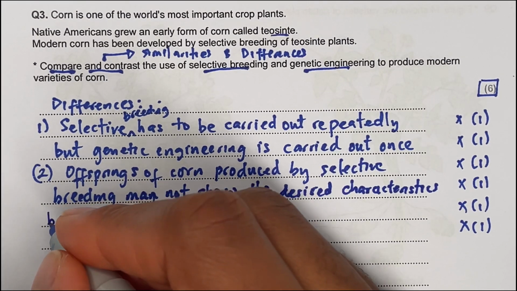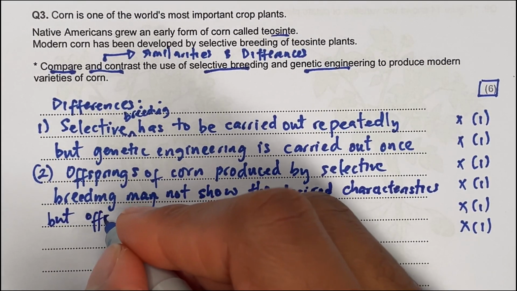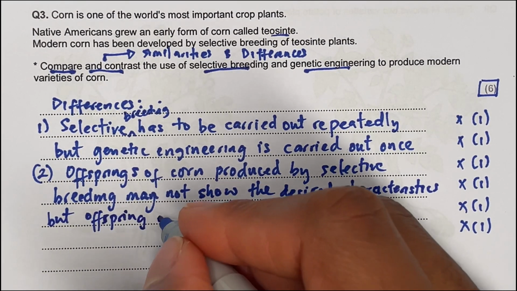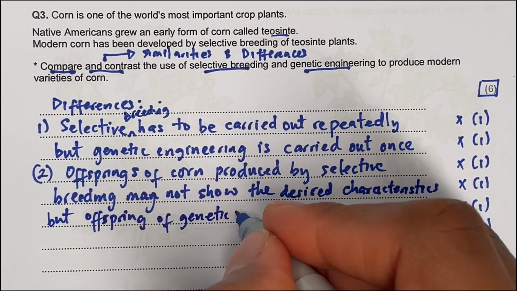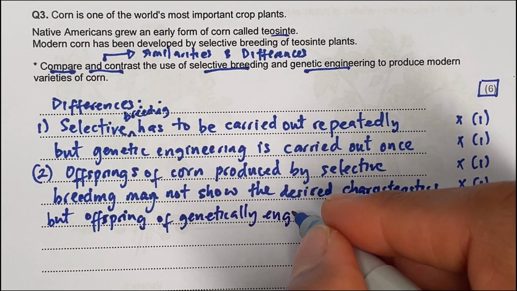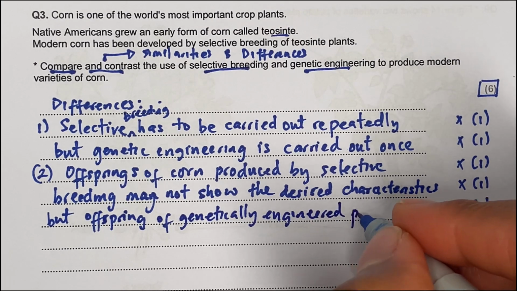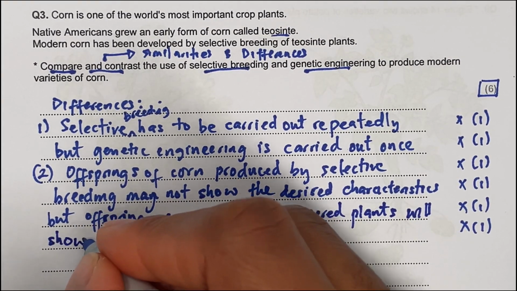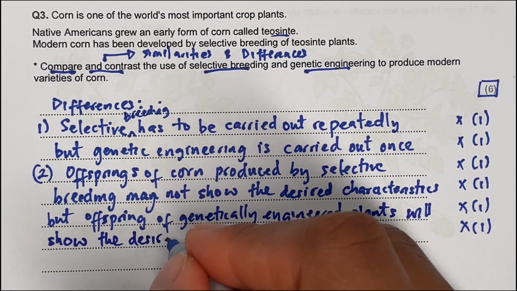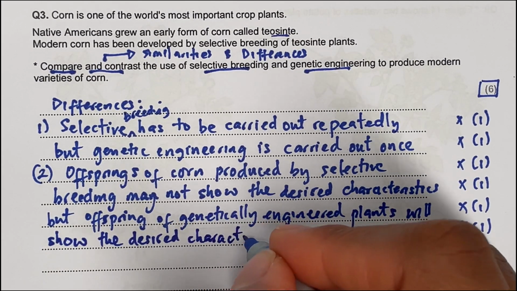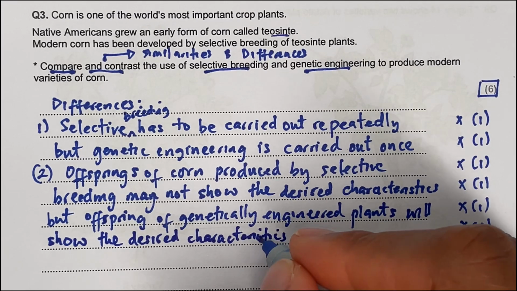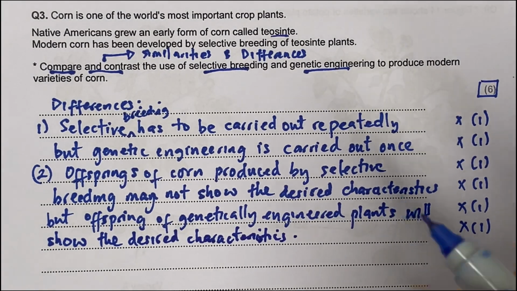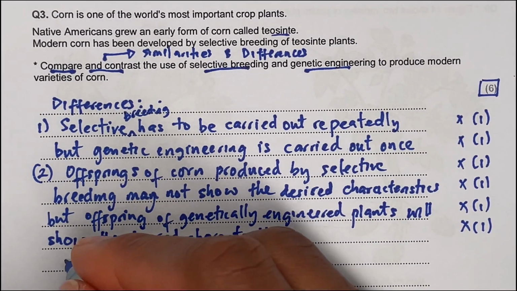However, offspring of genetically engineered plants will show the desired characteristics. So that is 2 differences that I know.